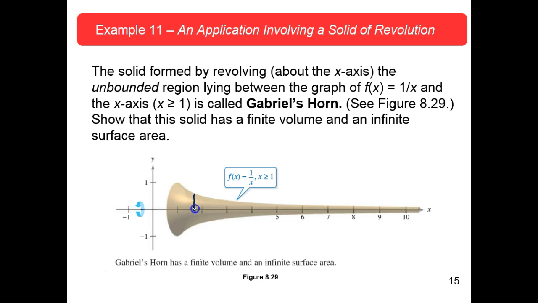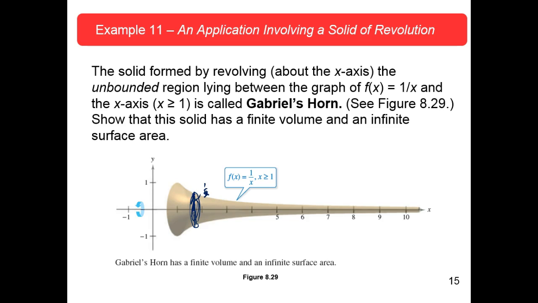Here's the thing you're revolving around. Your radius of that circle of revolution would be 1 over x, and since it's pi r squared, that would be the area of that circle.